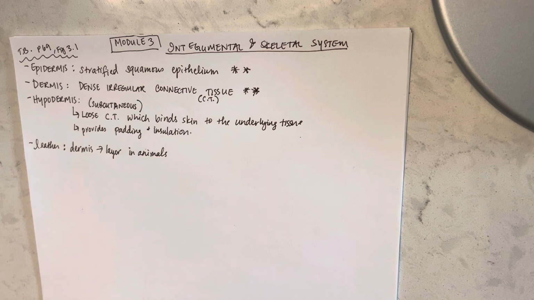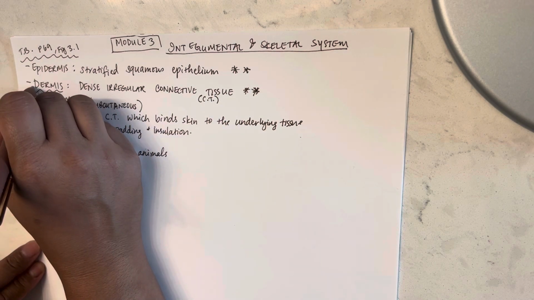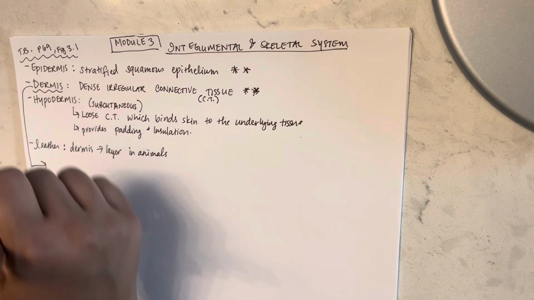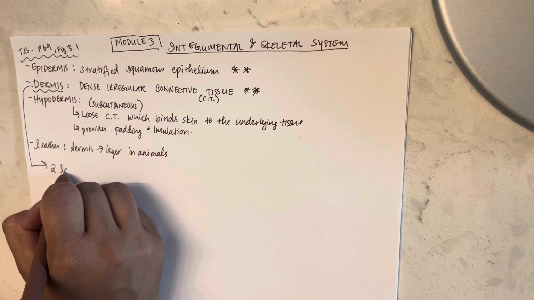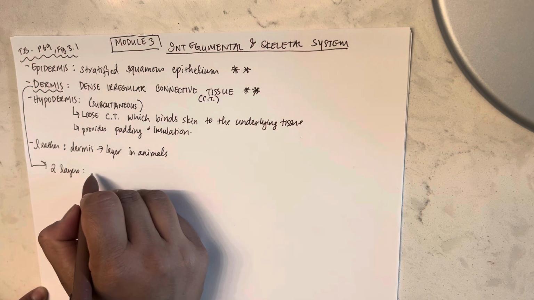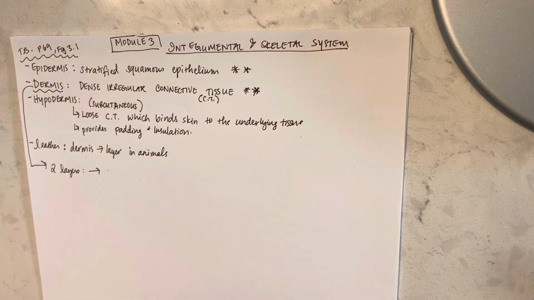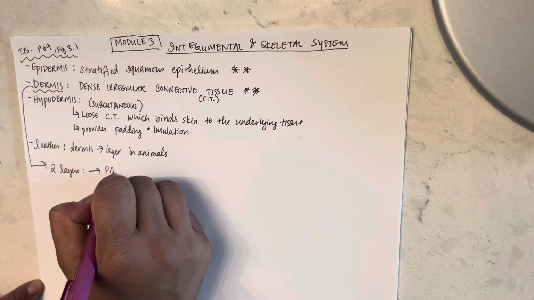Now, we're going to come back to dermis, and we're going to talk about the two layers that I mentioned from the pictures. Okay, first you have the papillary layer.